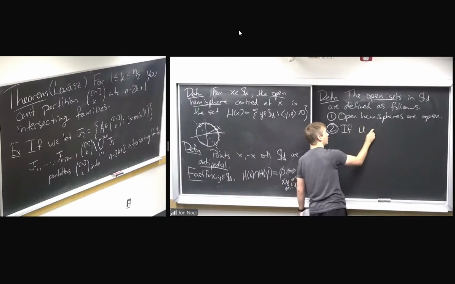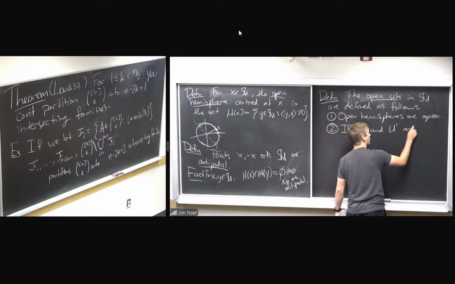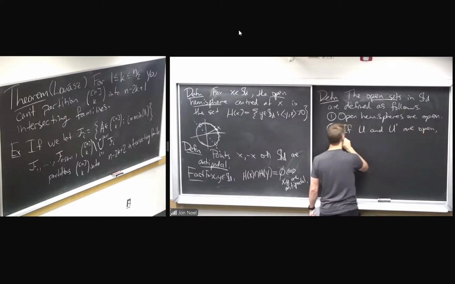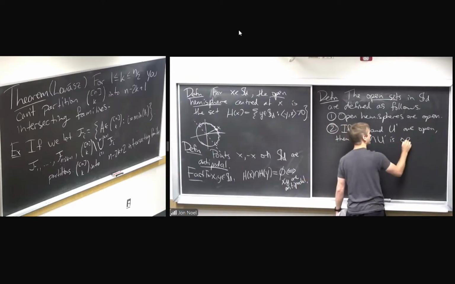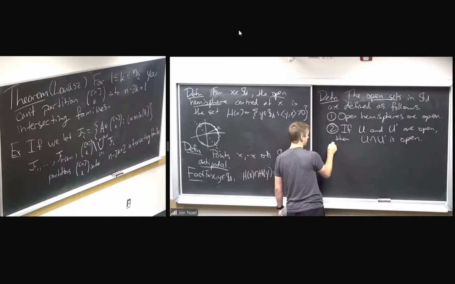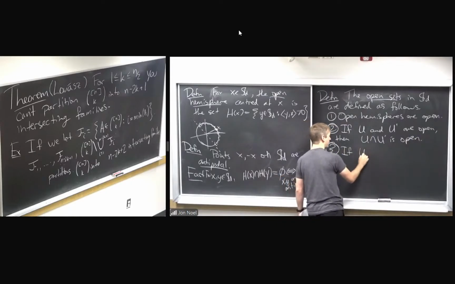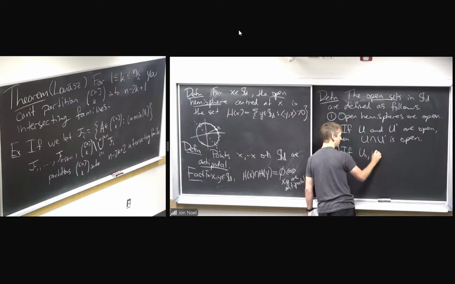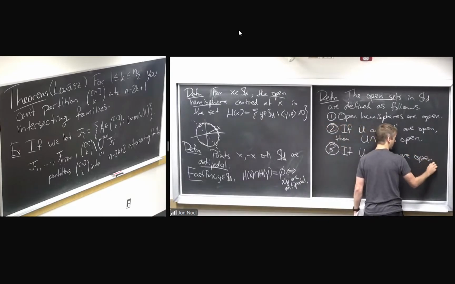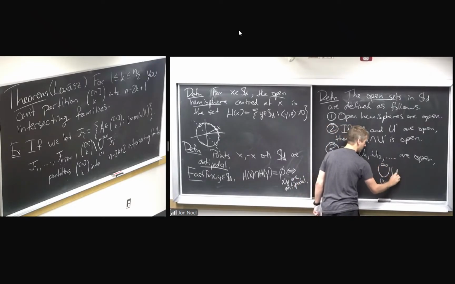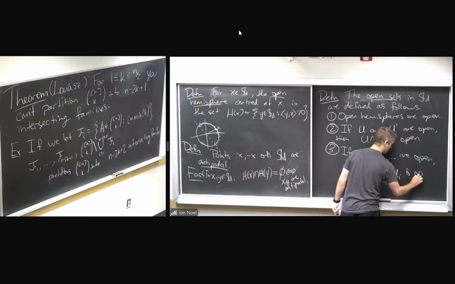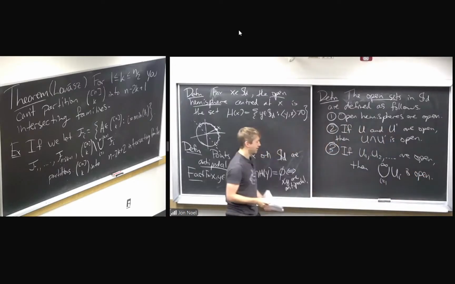Second, if U and U prime are open, then their intersection is open. And thirdly, if I take countably many open sets, U1, U2 and so on, then if I union all of them, that's open.